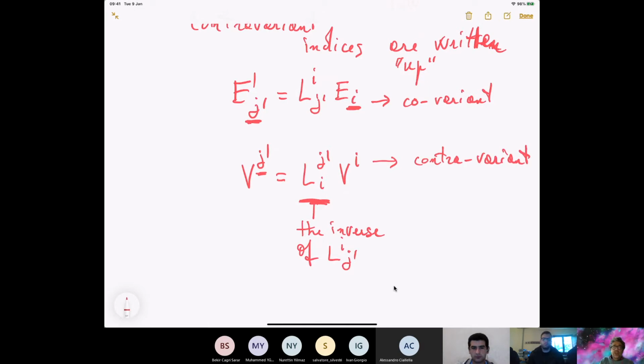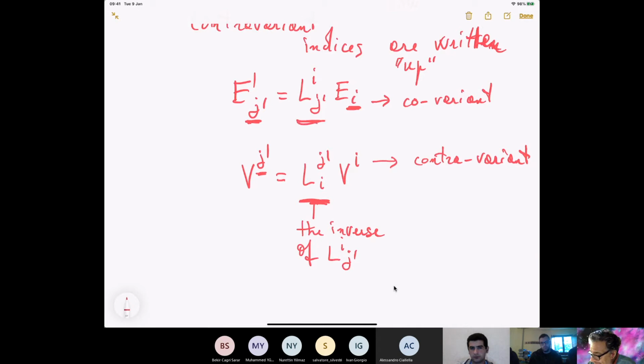So now in the convention of Einstein, when you write an index up, you know that it is varying with the inverse of the transformation matrix.